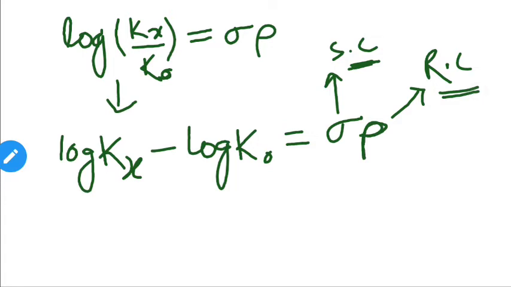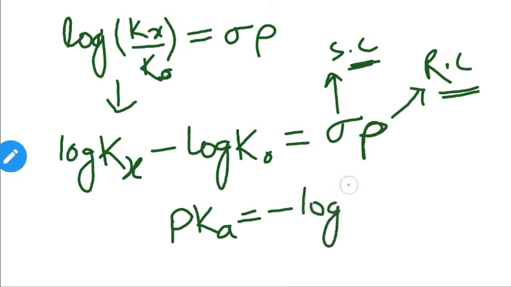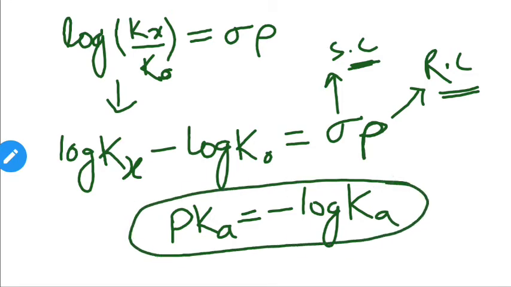From this we also know one thing, that pKa, the value for acidity of a compound, is written as minus log of Ka. This relation is known to us.